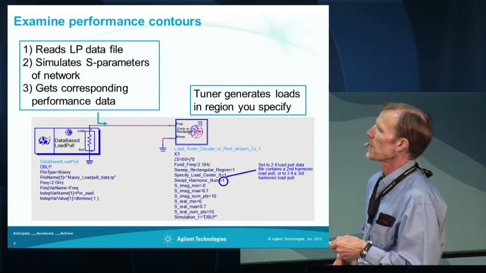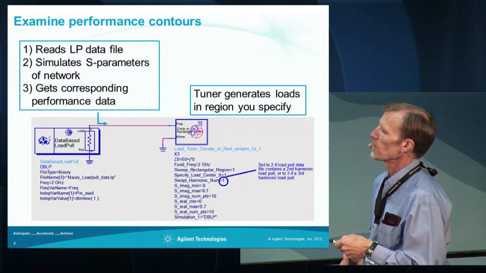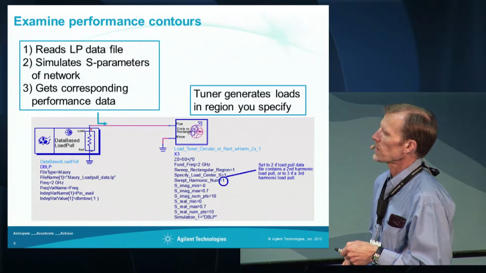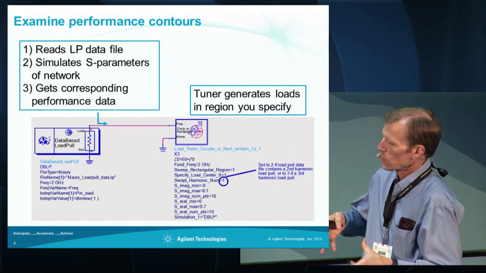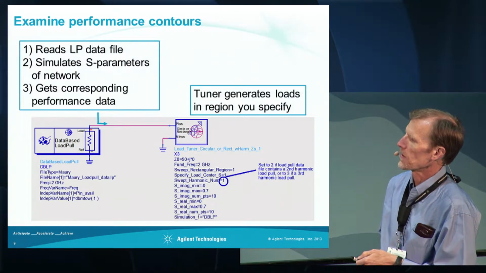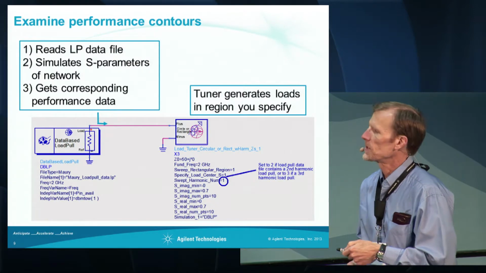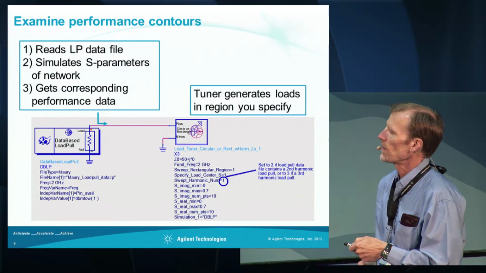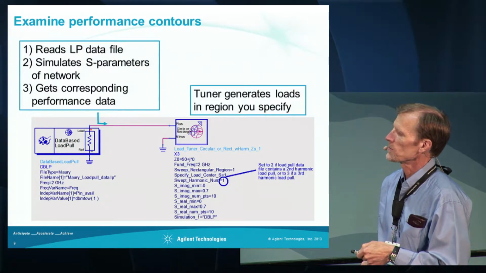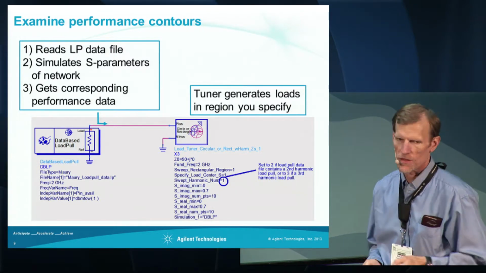And what I'm doing here is I have a load pull tuner, and we can specify some region of the Smith chart, in this case a rectangular region, and sweep out a rectangular region, present that to this component, and get the corresponding data. And typically, you'd want this tuner to specify a region of the Smith chart that corresponds to the data in the file.